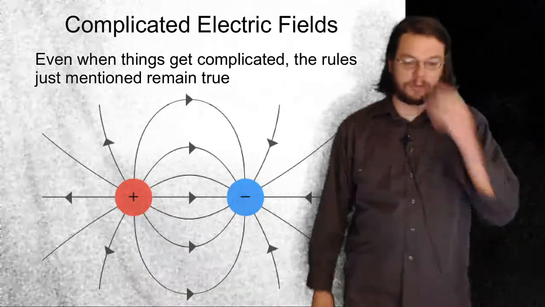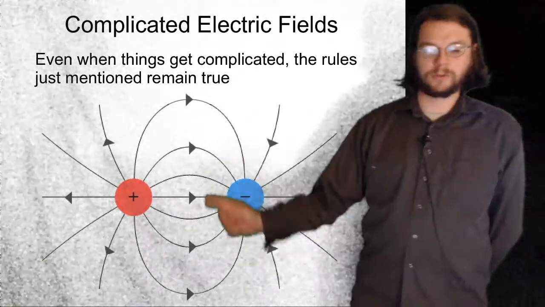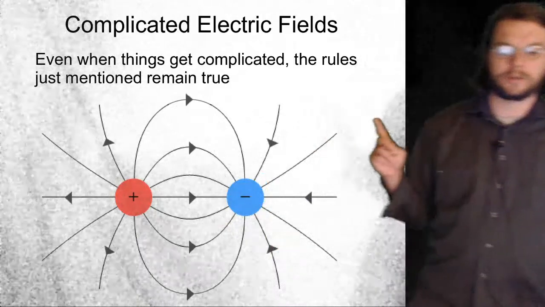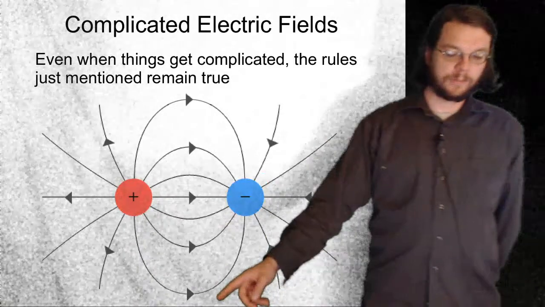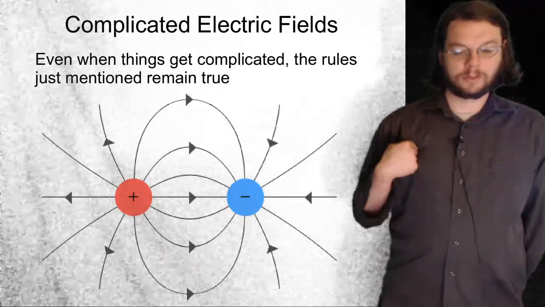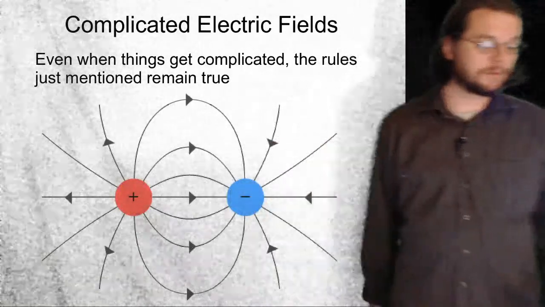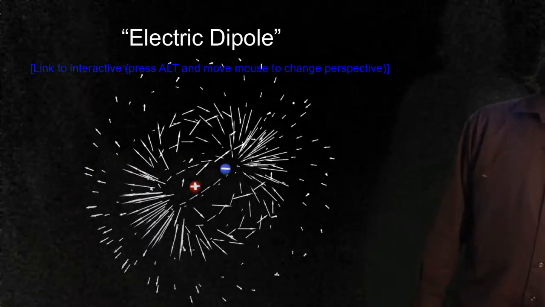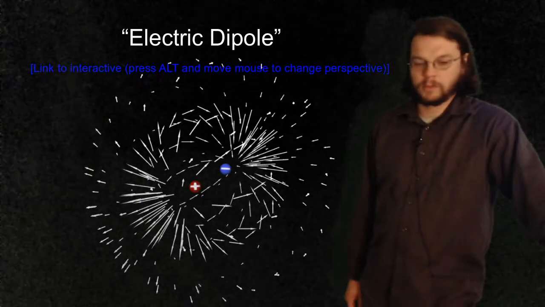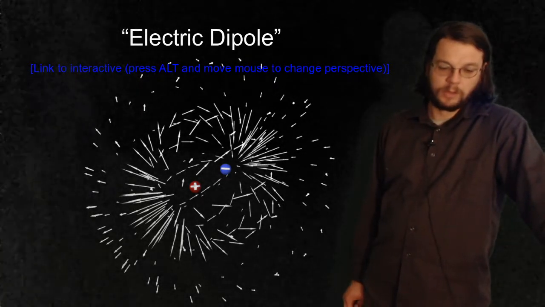So if you were to draw the electric field lines, they would look something like this, and you can probably tell the electric fields over here are stronger than they are out here because the lines are closer together. The arrows are all pointing this way, pointing this way in the middle, but then it's opposite over here. So this is a three-dimensional impression of what an electric dipole looks like.